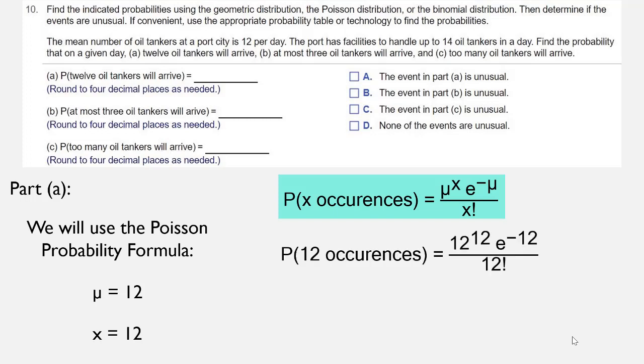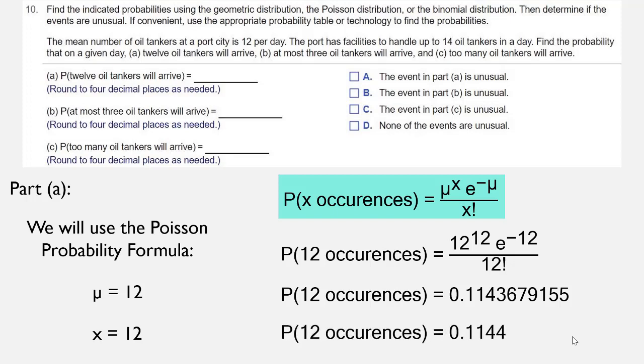The probability of 12 occurrences is 12 to the 12th, e to the negative 12th, over 12 factorial. If we plug that into our calculator, we end up getting 0.1143679155. The problem wants us to round to 4 decimal places, which would be 0.1144. That's the answer to part A.